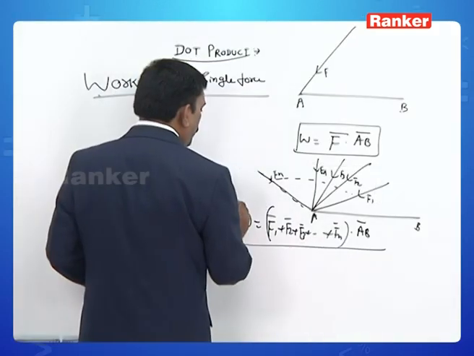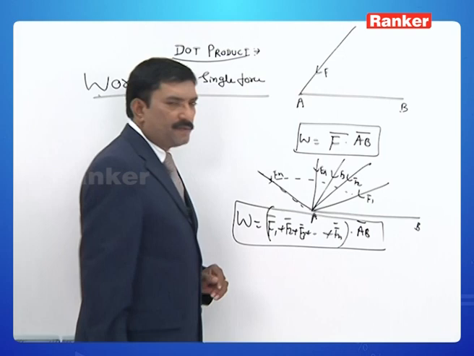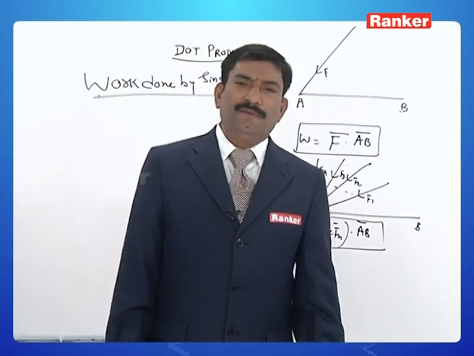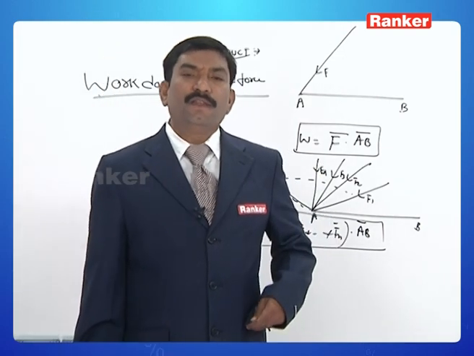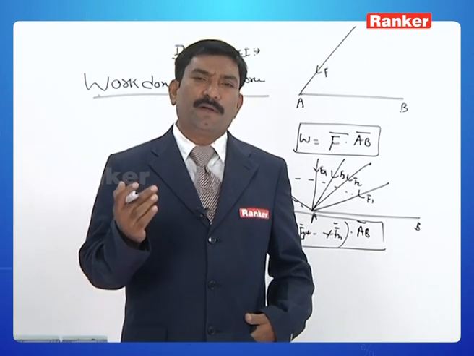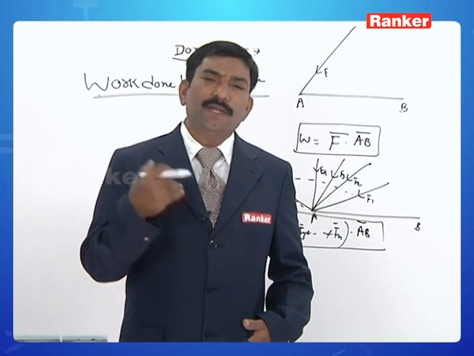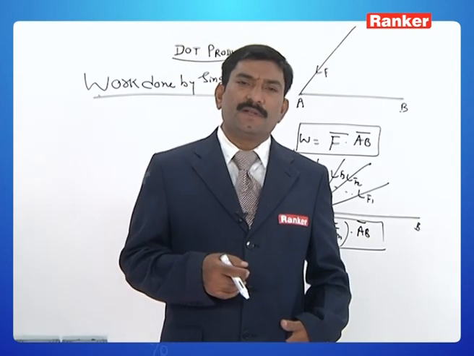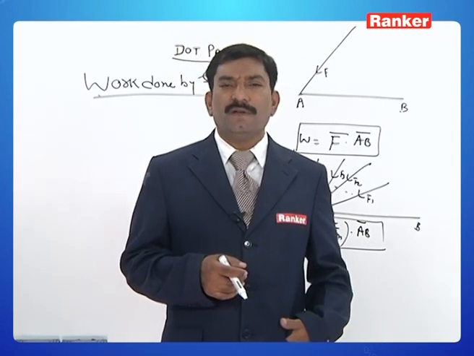That is the work done by the forces F1, F2, F3 and so on Fn acting at a point A. The dot product of the sum of all the forces with the distance gives the work done by the forces.